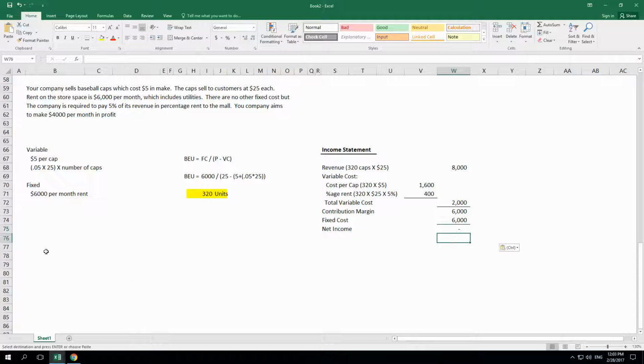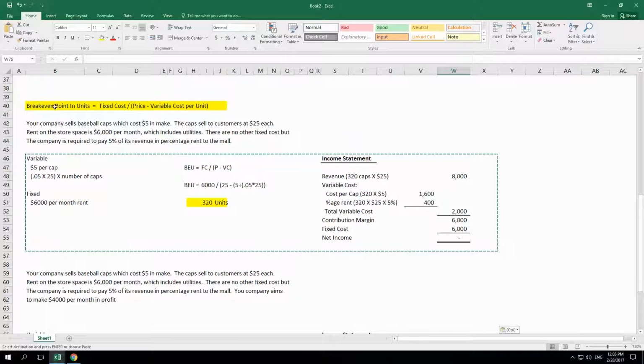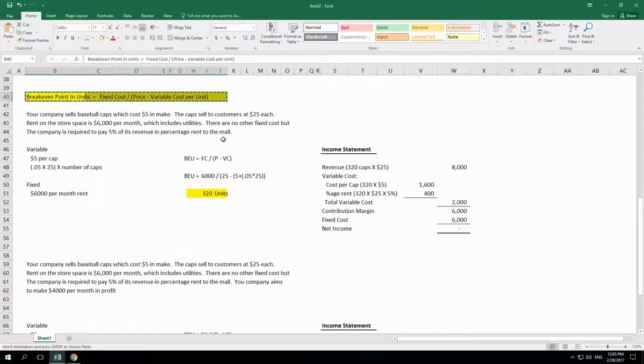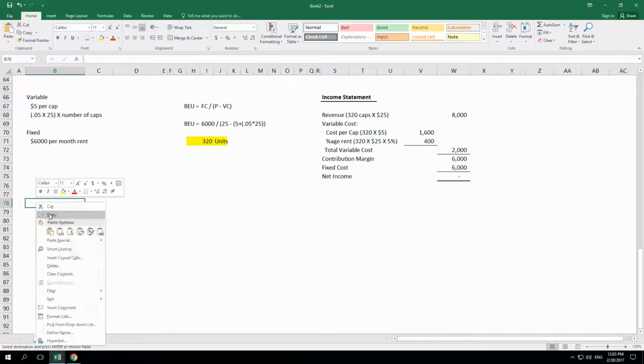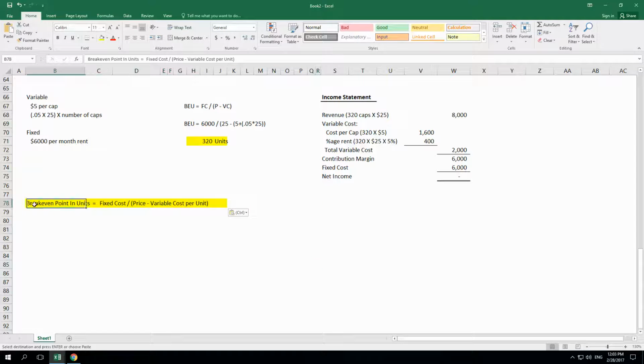So if I take my original formula, break even in units, and I want to get to a target profit, they usually call it CVP, cost, volume, profit analysis. We'll do it in units.